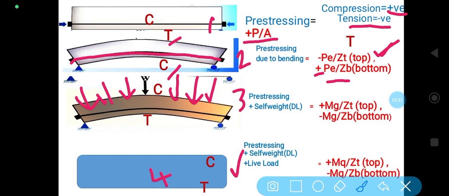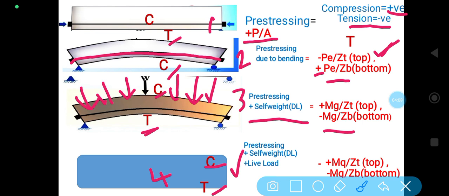When the pre-stressed beam is subjected to the action of external forces, the beam tries to come back to its original position, and thereby the topmost fiber experiences compression and the bottommost fiber experiences tension. Again the stress expression, considering pre-stressing plus self-weight, is given by plus M_g by Z_T at the top and minus M_g by Z_B at the bottom. Minus is because of the tension, plus is because of the compression.